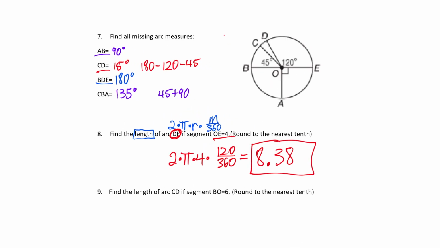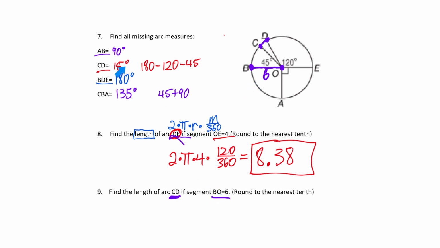All right, now on this last one, it says find CD if BO is 6. So BO is 6, and we're looking for CD. On this one, what's the R going to be? 6.